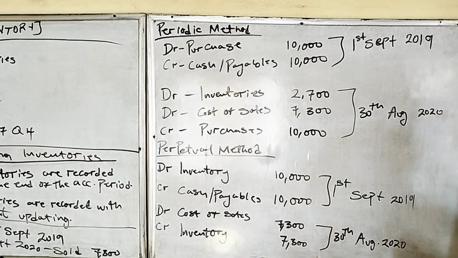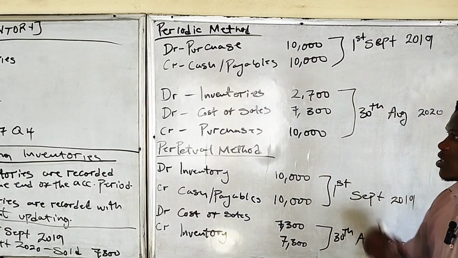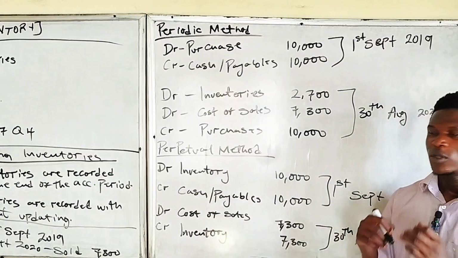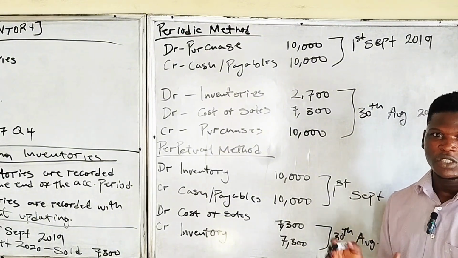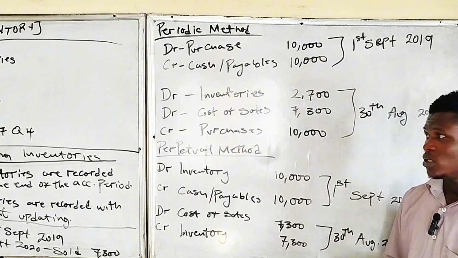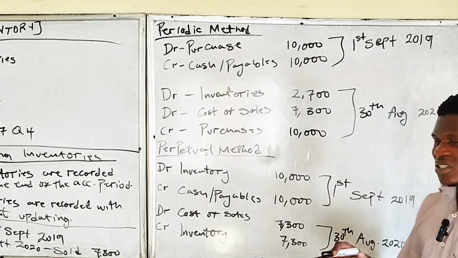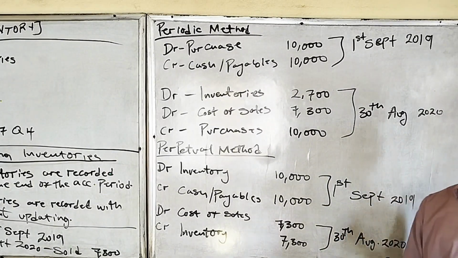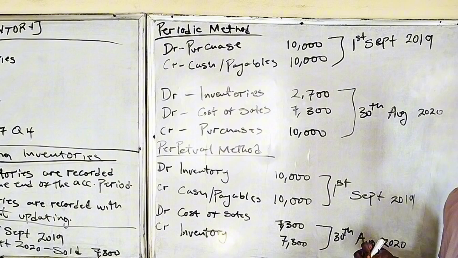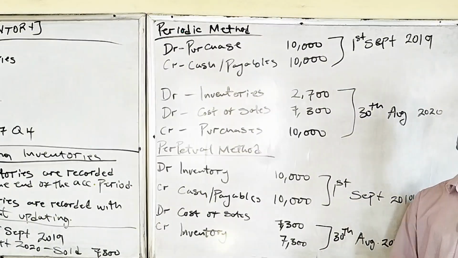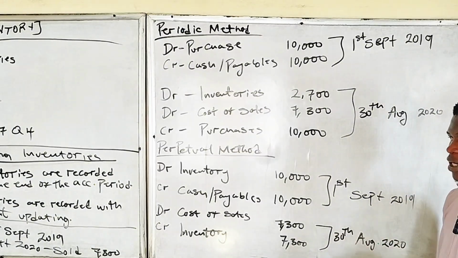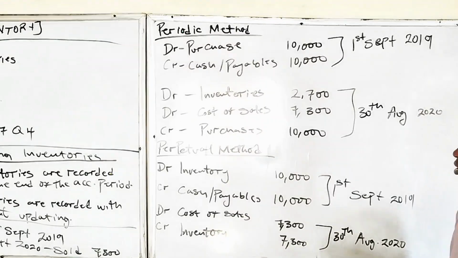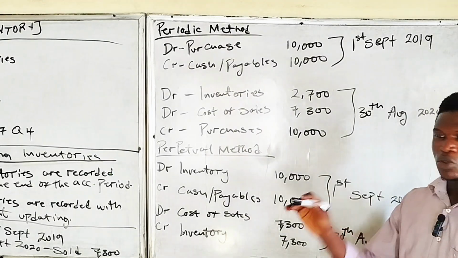Stock taking involves a systematic count of your inventories at a particular period, mostly as at the year end. It is just a specific count of items left in store at the year end or at a particular point.